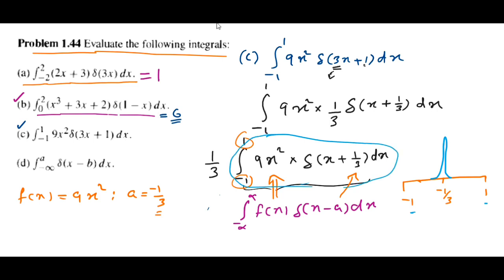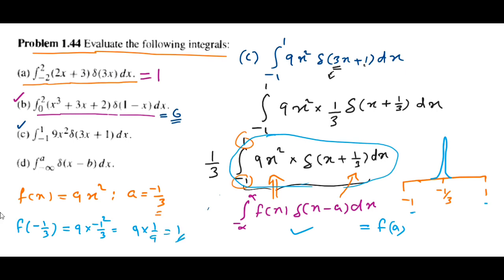We have to find out the value of this integral. The value of that integral is nothing but f of a according to this general expression. Here a is minus 1 by 3. Therefore this is 9 into minus 1 by 3 square, that is 9 into 1 by 9, equal to 1.